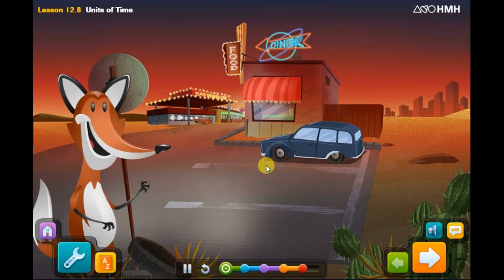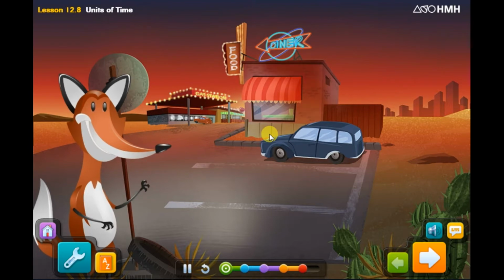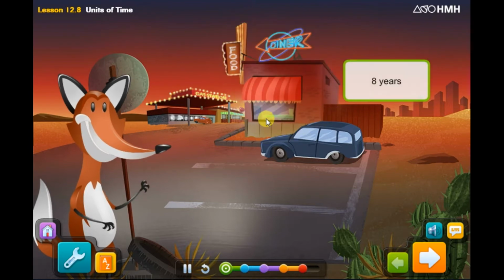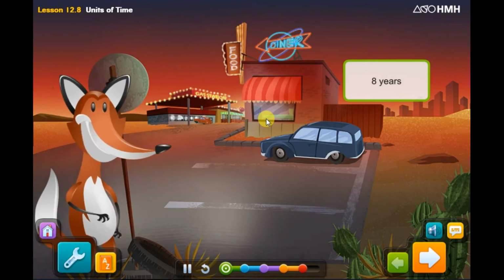Check out the diner to see how long it has been open. Let's check the diner. Oh, the diner has been open for 8 years. Too long.